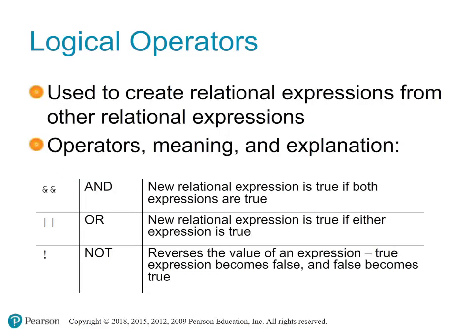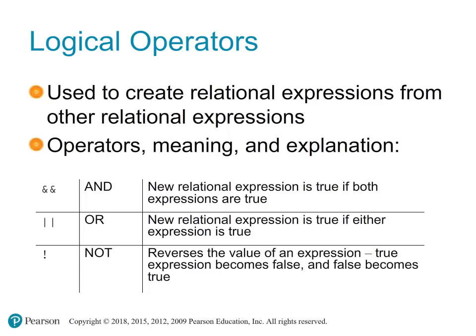Logical operators are used to create complex relational expressions by combining simple ones. The primary logical operators are AND, OR, and NOT. The logical AND means both conditions must be true. If both the operands are true, then the condition becomes true.